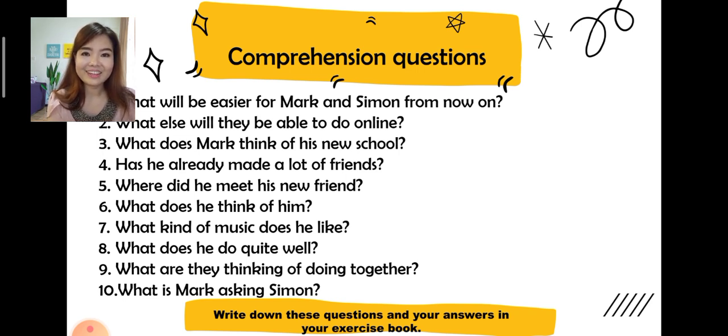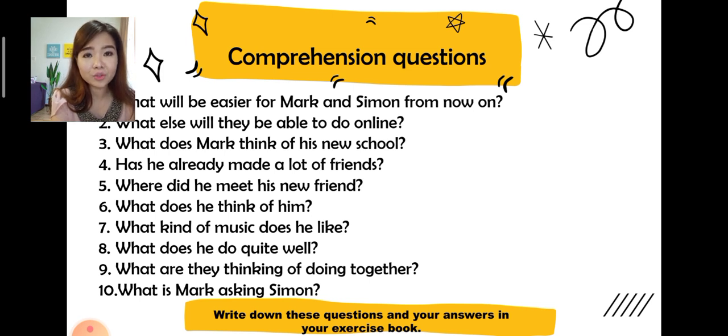Okay. Similar to the previous exercise, I would like you to write down the comprehension questions here in your exercise book. Write down the comprehension questions from number 1 to number 10 and write down your answers as well in your exercise book.